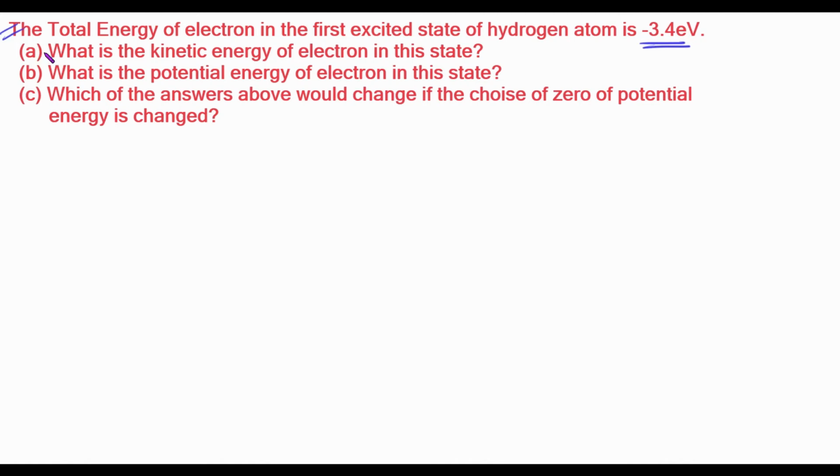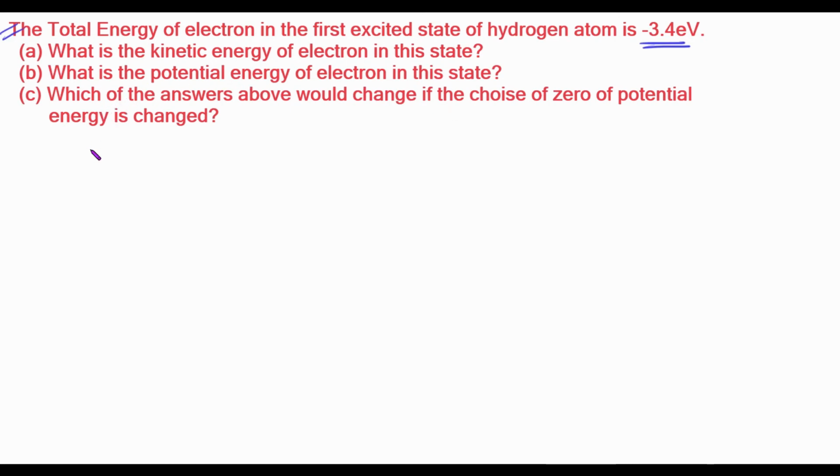Sub question A says what is the kinetic energy of the electron in this state, B what is the potential energy of electron in this state, C which of the answers above would change if the choice of 0 of potential energy is changed.